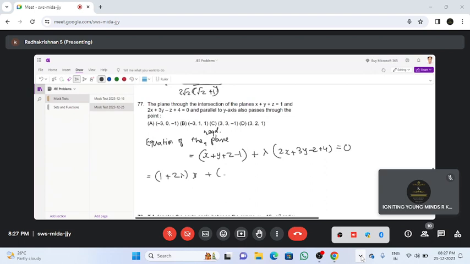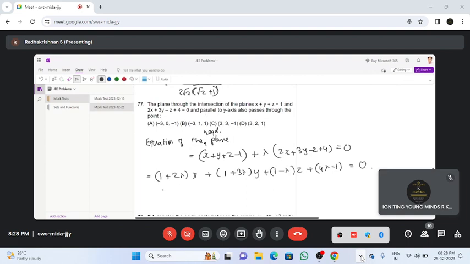Similarly, 1 plus 3 lambda y plus 1 minus lambda z minus 1 plus 4 lambda. Okay, so this is the equation of the required plane, and it says it is parallel to the y-axis.